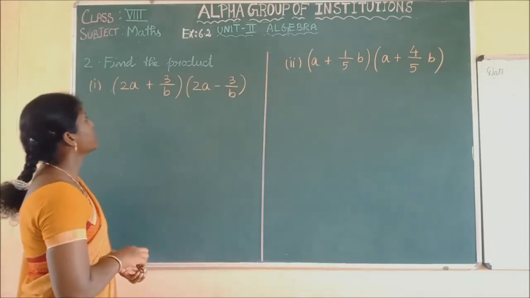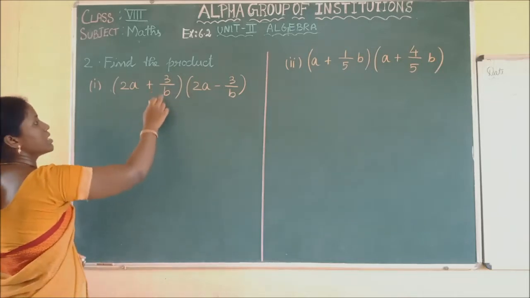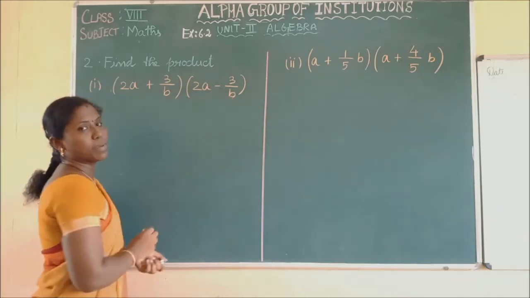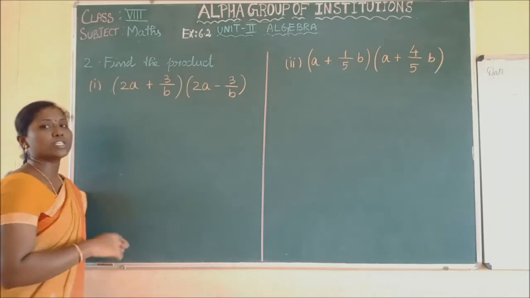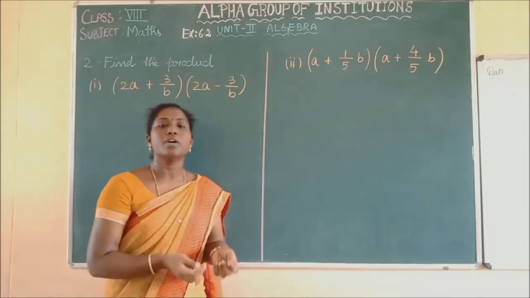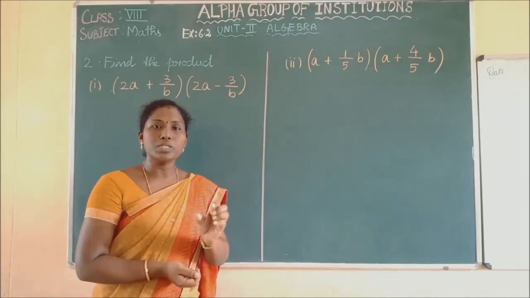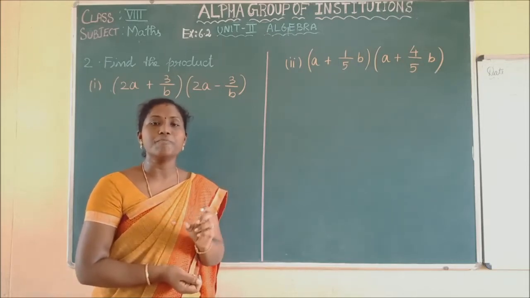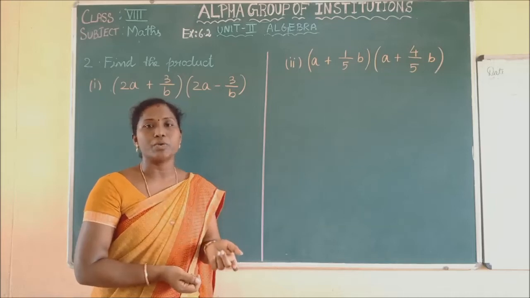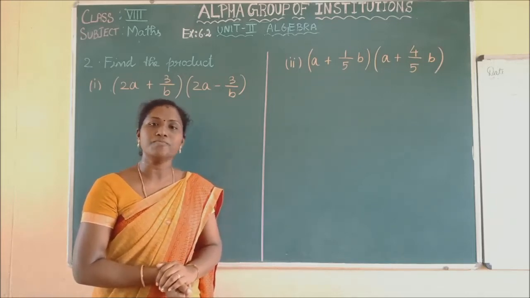So how to find it? See here, (2a + 3/b)(2a - 3/b). See the question and identify which identity we have to use here. Select the appropriate identity, then use it to find the answer.